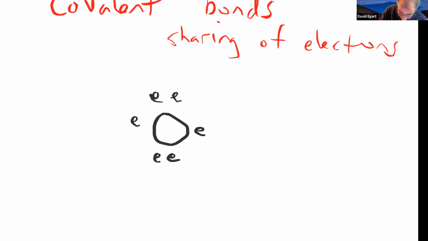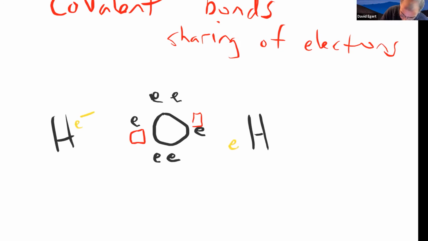Like we said, from the octet rule, it wishes it had 8. It wants 2 more. Hydrogens, on the other hand, instead of the octet rule, follow a 2 rule because the 1s shell just needs 2 electrons to fill. These have 1 electron each, and they wish they had 2.